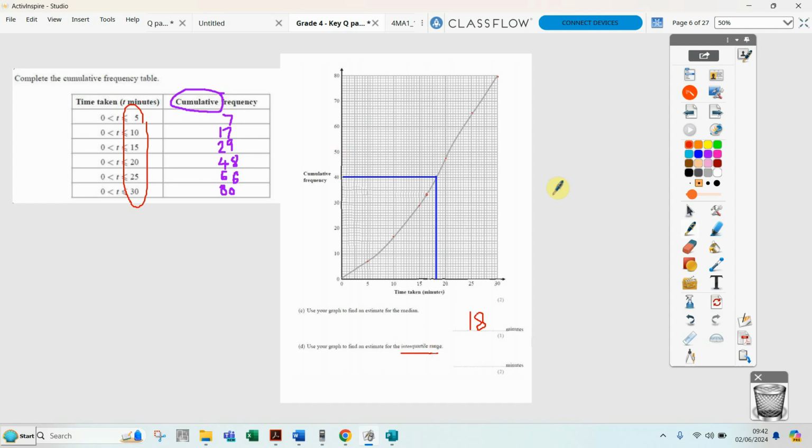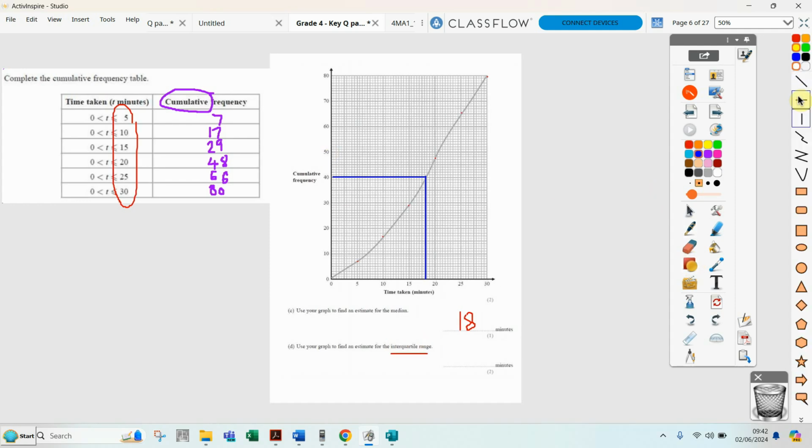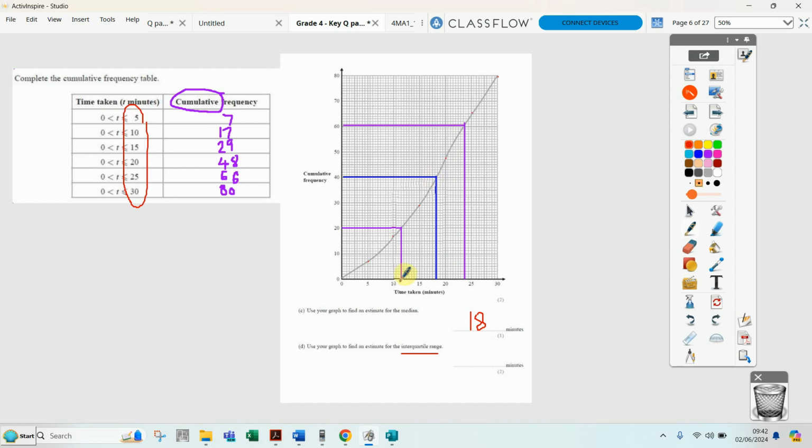Interquartile range, well, if the median is at 40, then the lower quartile, a quarter of the way, is going to be at 20. So you draw a line across at 20, and then go down, and then you draw a line across at 60, and go down. Okay, so this is about 11.5, and then this one is about 24.